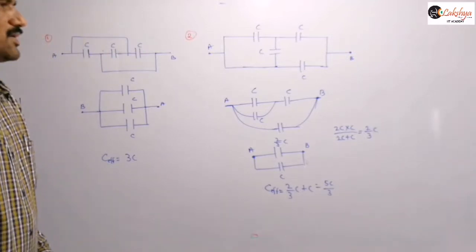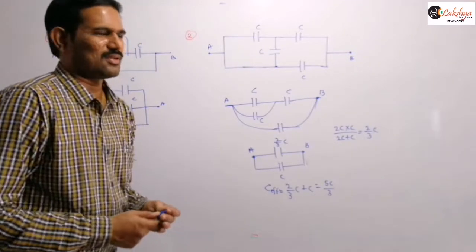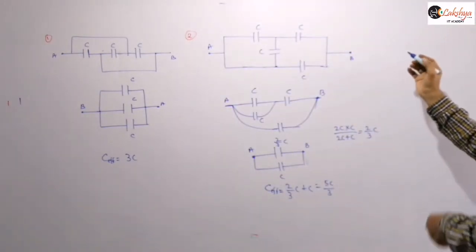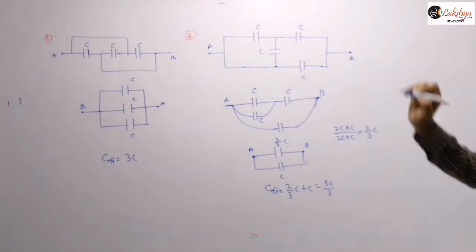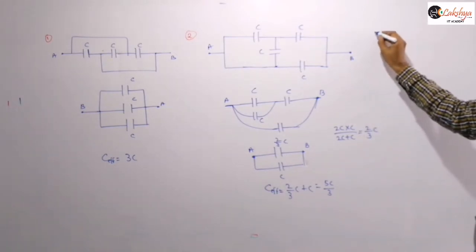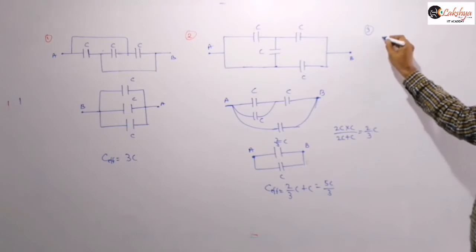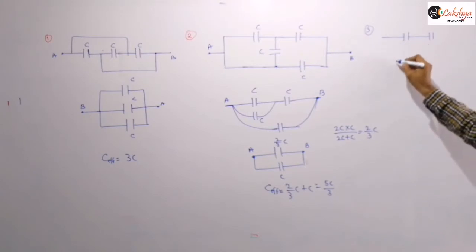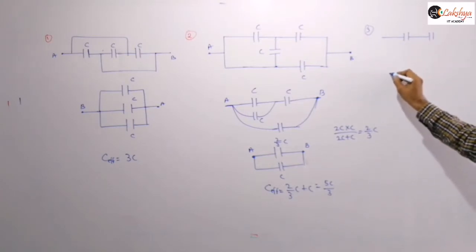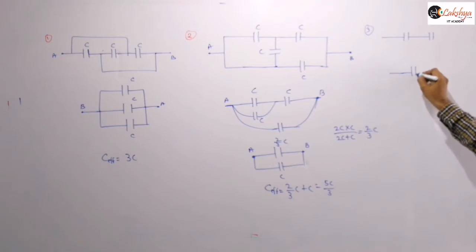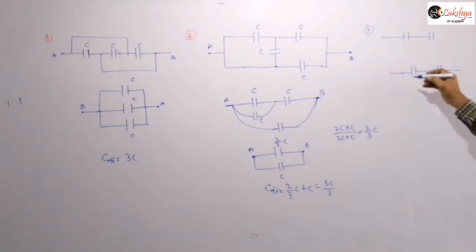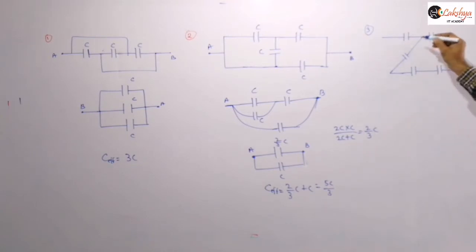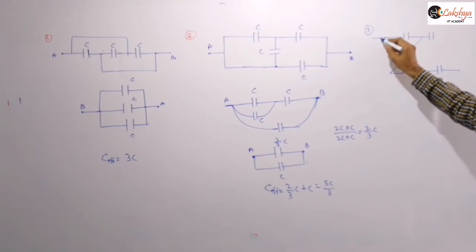And so next, similarly you may consider such other examples. Suppose I am taking another circuit like this. Suppose this one capacitor is connected here like this and one end is connected like this.